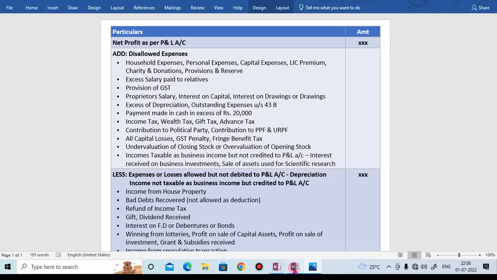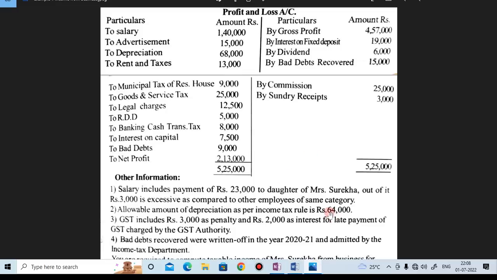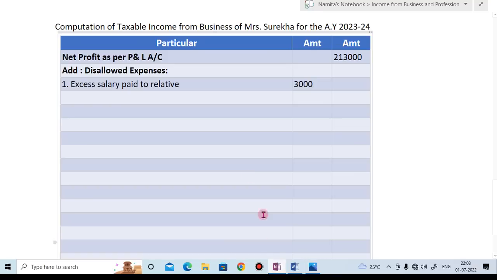So check in the format: excess of depreciation. The extra excess of depreciation is known as disallowed expenses. The income tax rule says 64,000, but in the P&L 68,000 is given, so 4,000 is excess. This 4,000 is nothing but disallowed expenses.